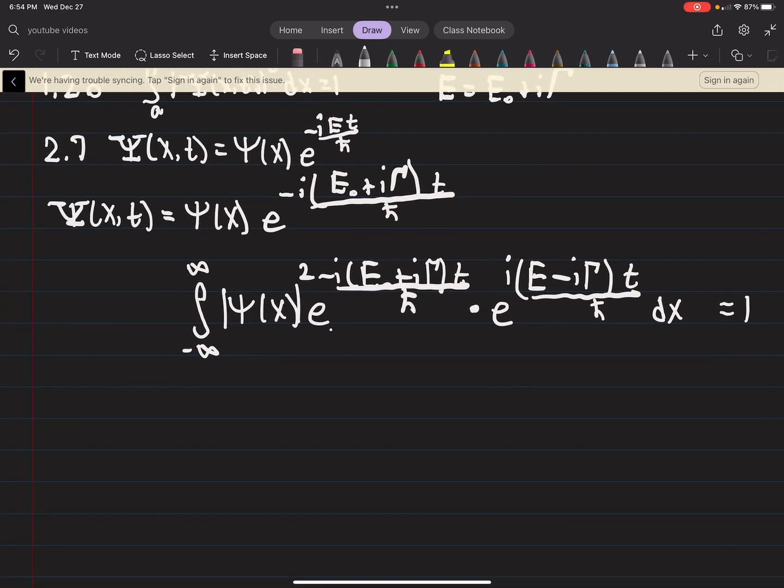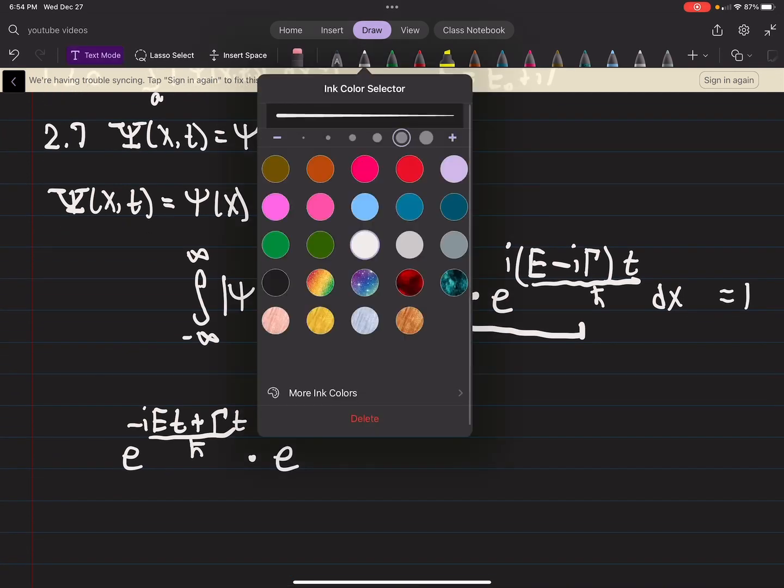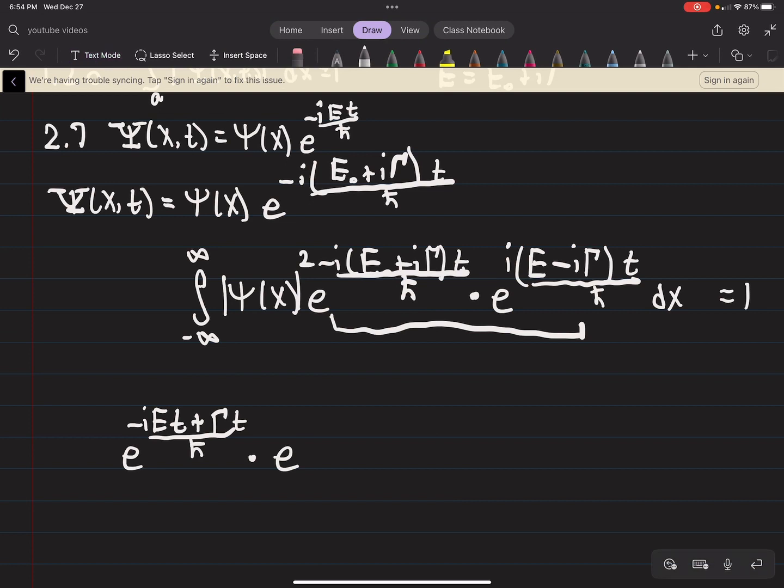Okay, so these terms have no x dependence, so I can go ahead and put that out here. And I'm just going to distribute everything. So minus i E t. So we're going to have a minus i squared. i squared is -1, so that'll be plus gamma t over h bar times, and then, oops, let me fix that text mode there.